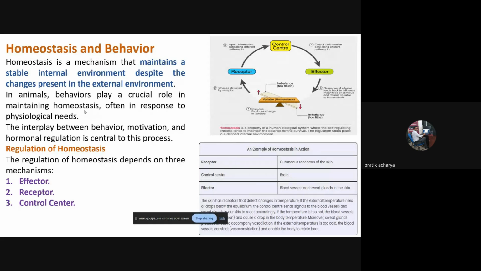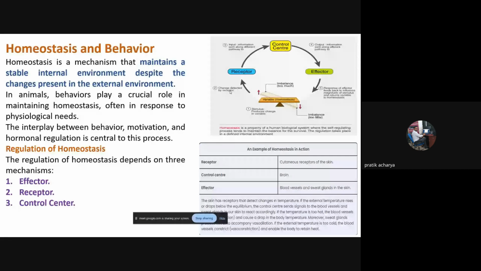So what are the regulations of homeostasis? There are three important components for homeostasis: the receptor, control center, and effector. Just look at this picture, shown on the right side. They are very essential. If there is a certain change, that is the stimulus.